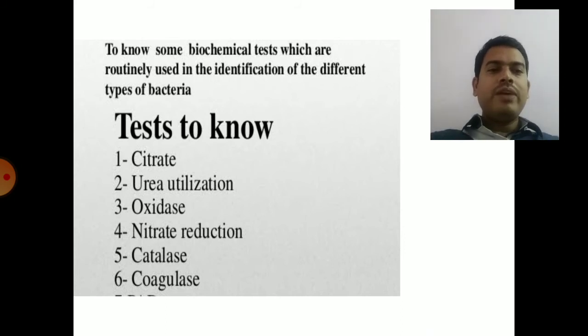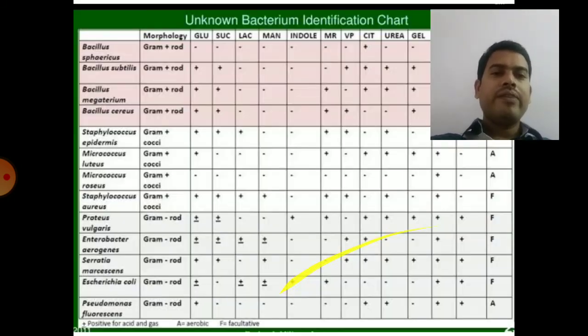After performing gram staining, after identification of your bacteria, whether it is gram positive or gram negative, you can perform biochemical tests. These are the biochemical tests which will differentiate the species of the bacteria. Each bacterial species will give a specific biochemical reaction. With the help of these biochemical reactions, we can identify the species of the bacteria.